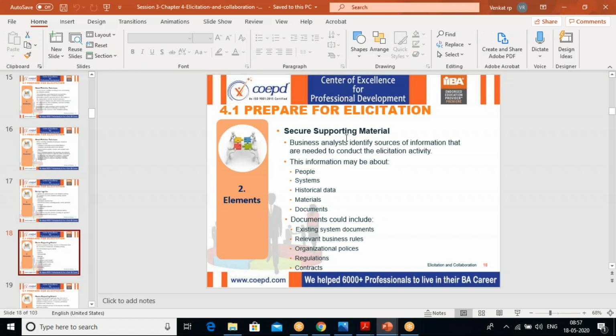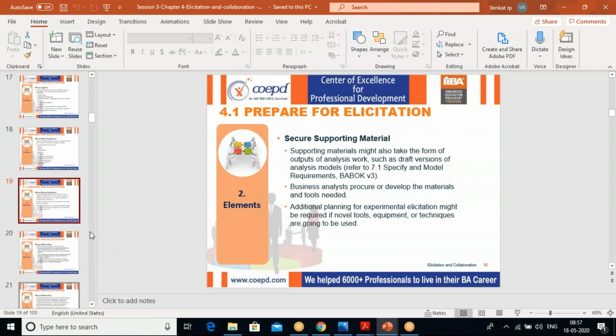What can be required for us to do this elicitation, what information is required concerning the relevant materials, we have to secure from these areas. So we have to take information concerning the people, systems, historical data, materials, and documents.